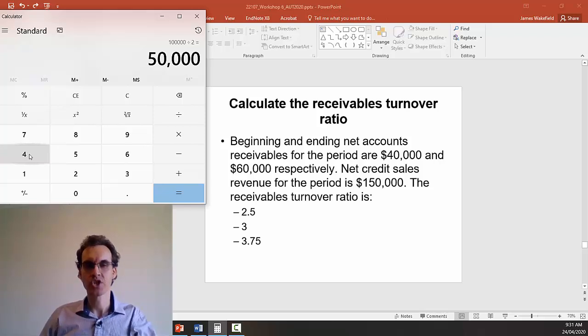That gives you an average accounts receivable on hand for the period of $50,000. You then take that $50,000 and you divide it into the $150,000 in credit sales for the period, to give you the accounts receivable turnover ratio, which is 3 in this case.